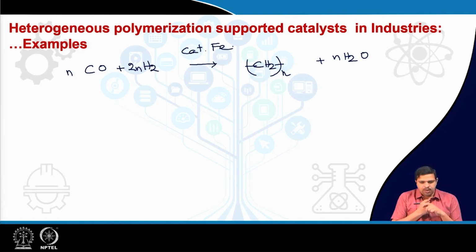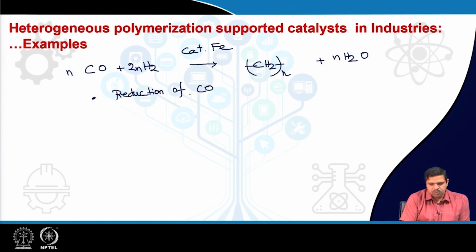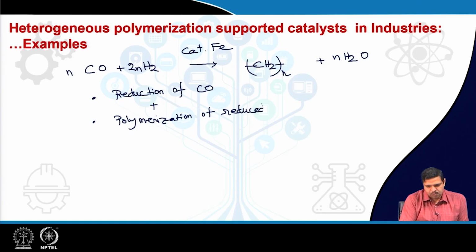Okay. So, here what are the two steps actually? One is the reduction of carbon monoxide and then polymerization of the reduced CO. Okay.